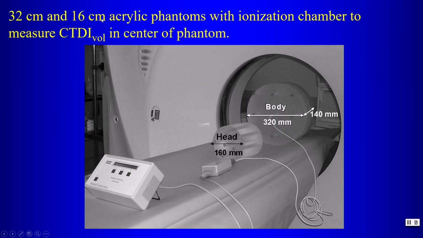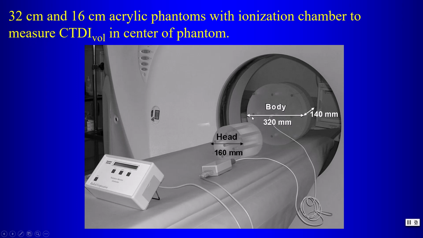So for measuring these CT parameters in terms of dose, a 32 centimeter and a 16 centimeter acrylic phantom are used, along with an ionization chamber, to measure the CTDIvol within the center of the phantom.